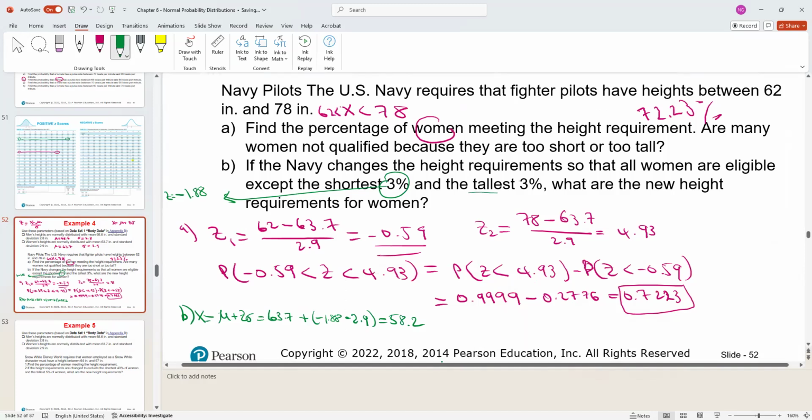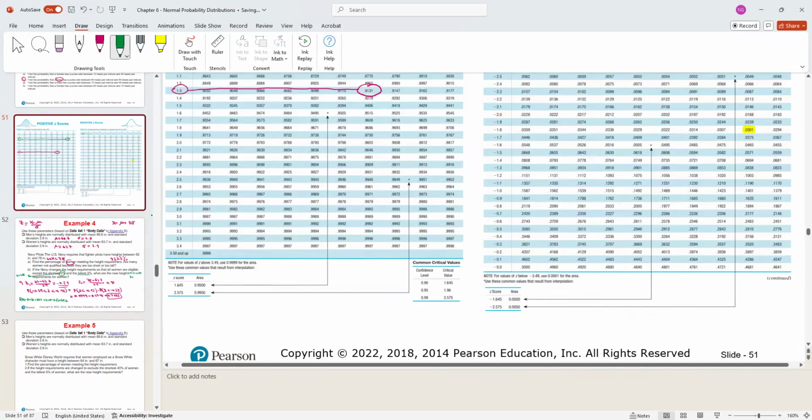Now let's go for the taller one. Remember, taller means you need to do 1 minus 0.03, which gives you 0.97 on the right, because now we want the z corresponding to 0.97. It's exactly the same thing right here. 0.97 is this one here, 1.88.